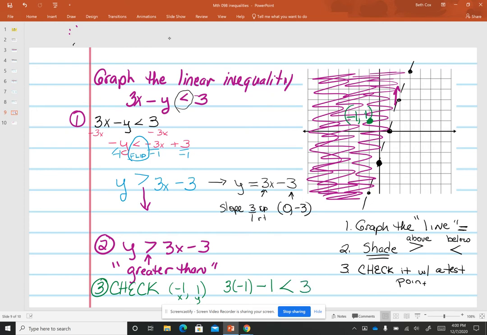That's -3 minus 1, which is -4. Is -4 really less than 3? Yes, of course it is. So I did it correctly. That's how we do that one.